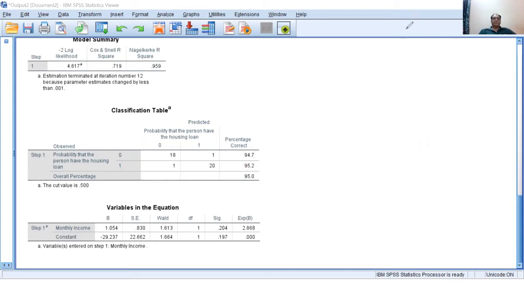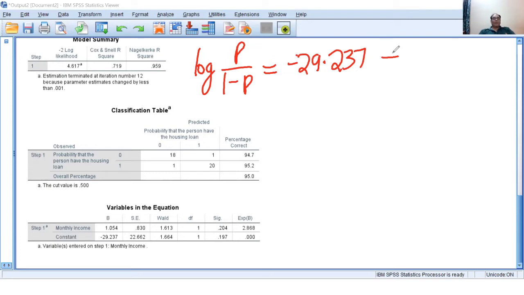Now finally, we are having the values, and the regression model which we can write from these regression coefficients is: log of p upon 1 minus p is equal to minus 29.37 plus 1.054 multiplied by monthly income. Now, the basic problem in logistic regression is to interpret this.